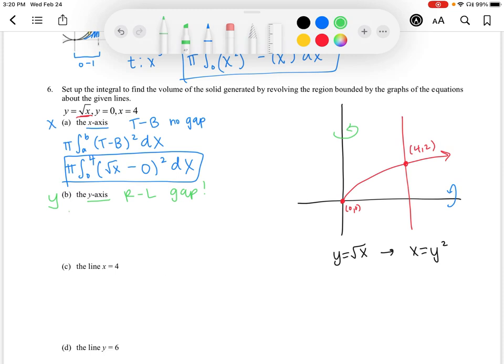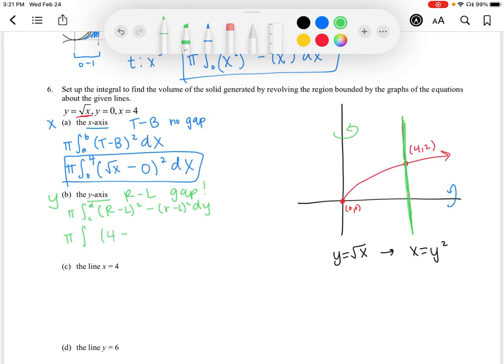So we're going to look at pi, the integral from c to d of (big R minus L) squared minus (little r minus L) squared dy, because there's a gap. So the big R, the furthest right, is actually our line right here, which is our line x equals 4. So I'm going to have pi, the integral. I'll come back to the bounds in a second.